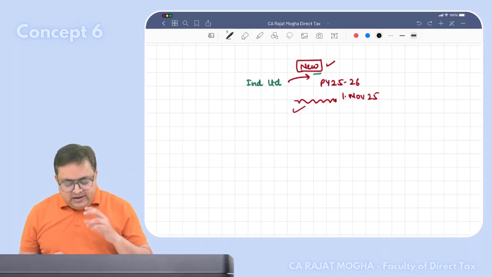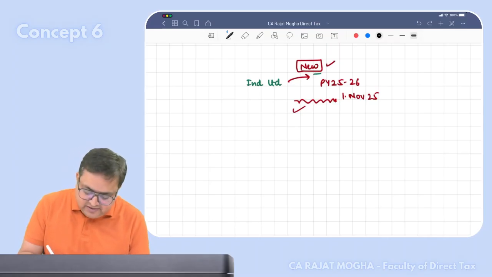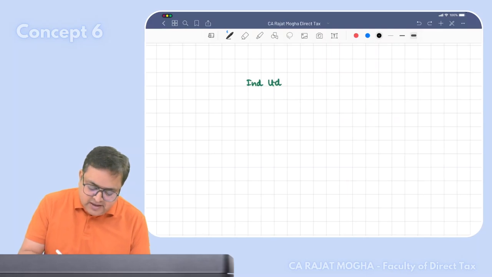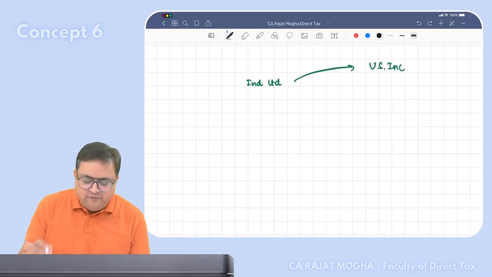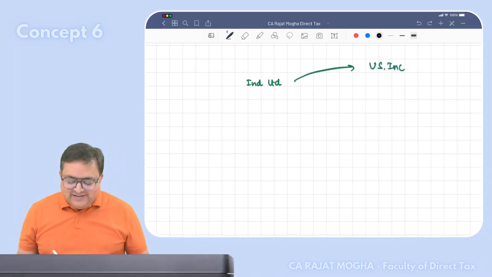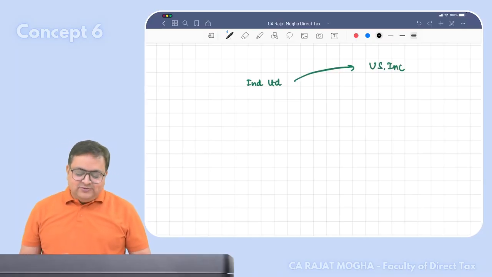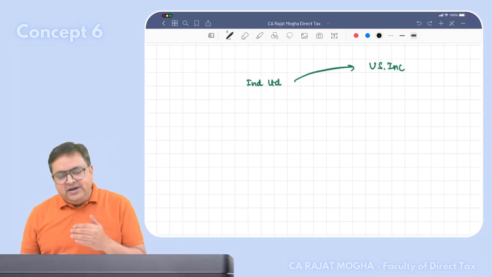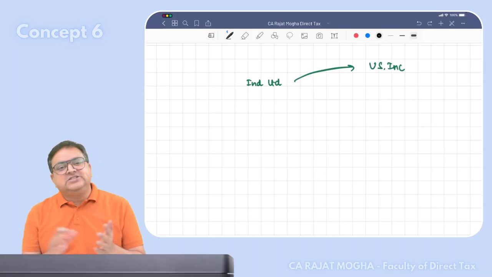Got it? Now the second scenario. Let's say you are in Limited and you have an associate enterprise named US Incorporation, obviously based in the US. I've taken this name so that you can understand it. So Limited already has an associate enterprise in the US and already does such types of transactions.